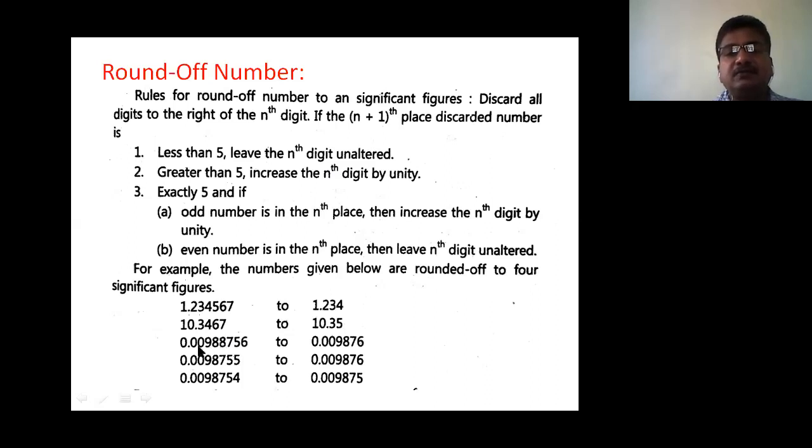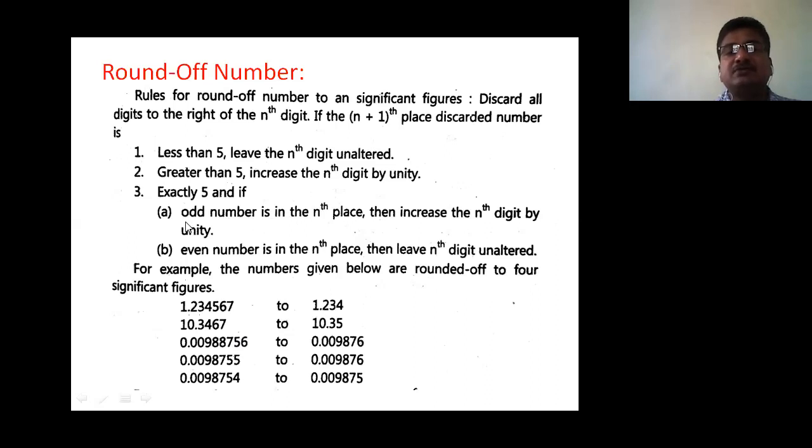And we have to round this number again up to 4 significant figures, and the 4 significant figures complete at this place. Okay, and the first discard digit is exactly 5. So if the previous digit is odd, then increase by 1. The discard digit is 5, and the previous digit is odd.